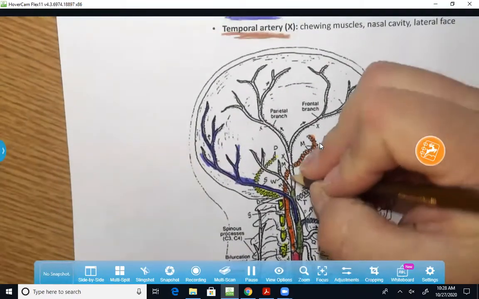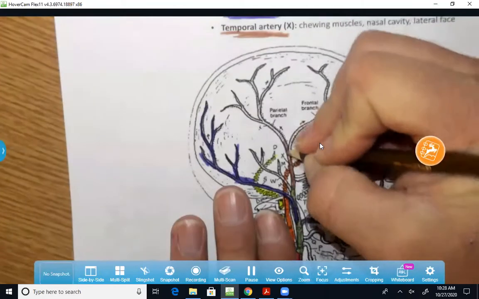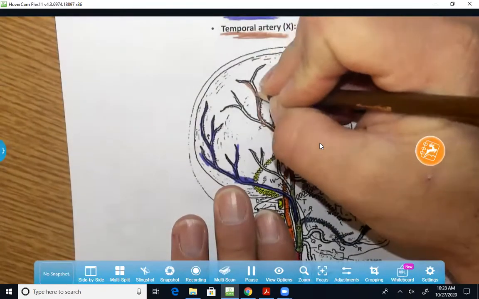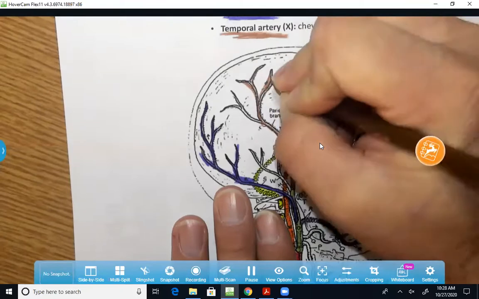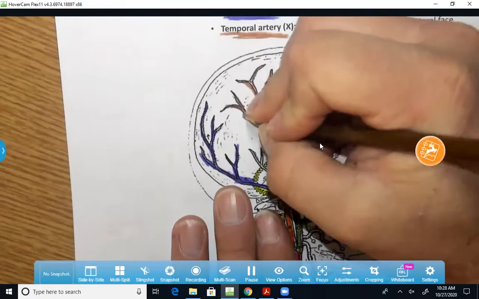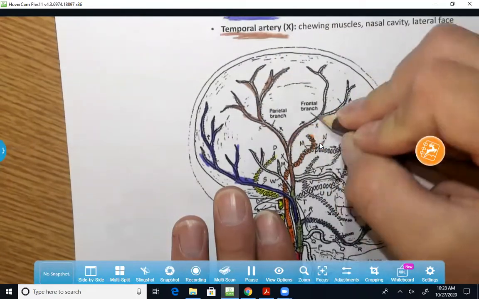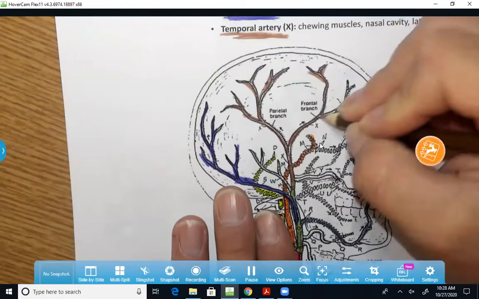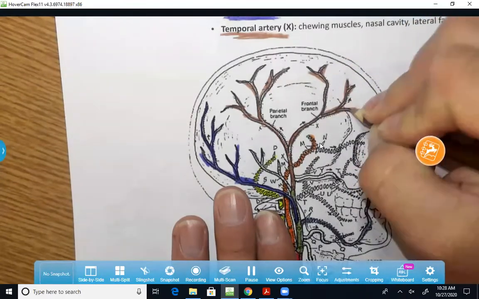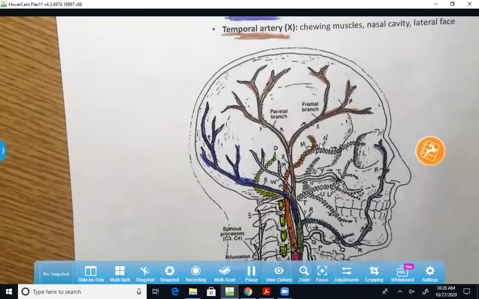And then this big one here, which actually has two branches, not that you need to worry about them, is the posterior temporal artery. And you can also feel your pulse in that one once in a while, if you know where to feel for it.